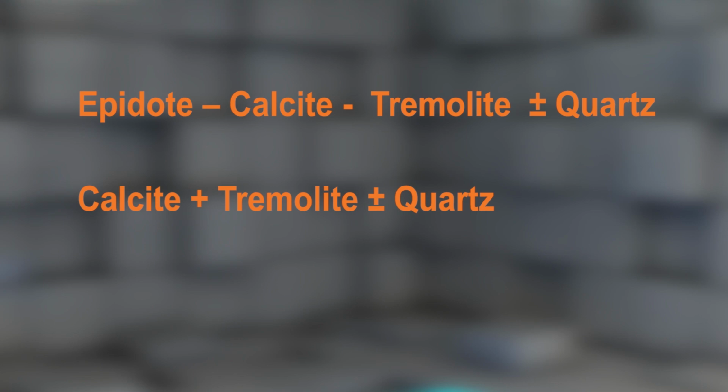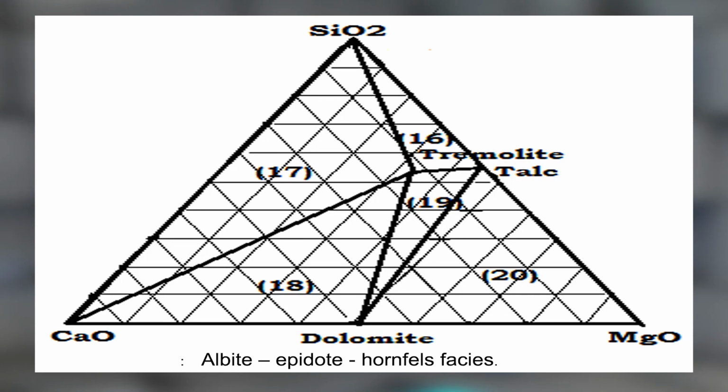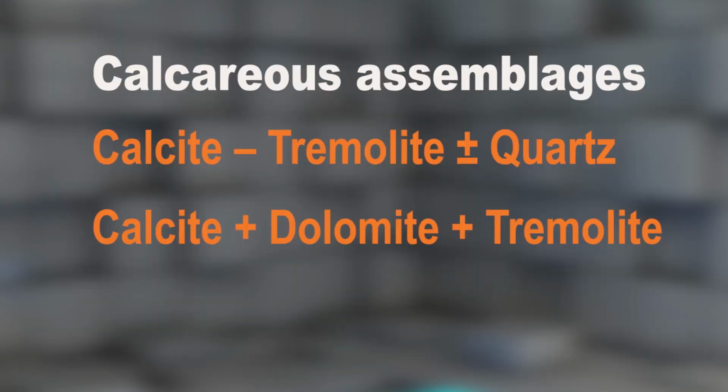Epidote, calcite, tremolite, quartz is one important assemblage. Another important assemblage is calcite plus tremolite plus or minus quartz. Figure 2, that is albite-epidote hornfels facies, calcareous assemblage: calcite, tremolite plus or minus quartz; calcite, dolomite, tremolite.